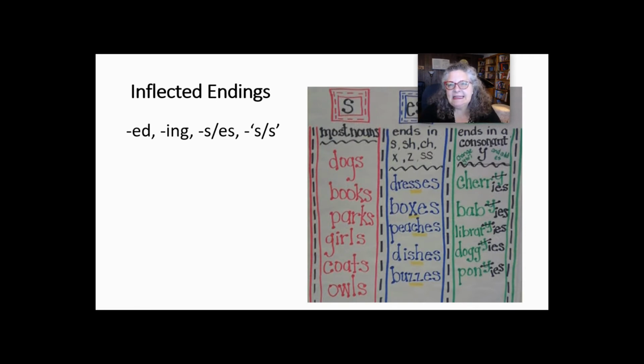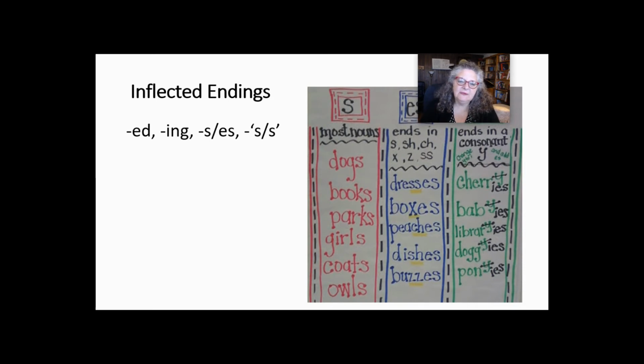So we have to add that e to give it a little bit of a sound difference so we can hear what you mean to do with that word is add the s. So dresses, boxes, peaches. So if the word ends in s, sh, ch, x, z, or ss, we're going to add es. And then this crazy thing, if a word ends in y, we're going to change that y to i and add es, right? So these are the kinds of things we're teaching kids about inflected endings.